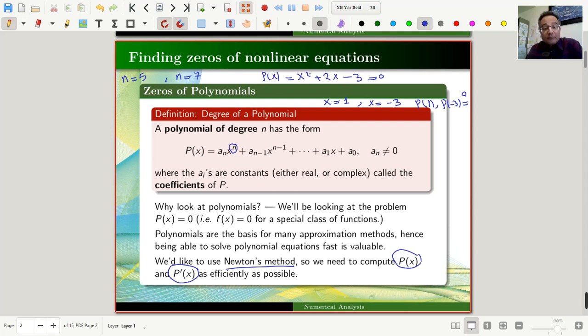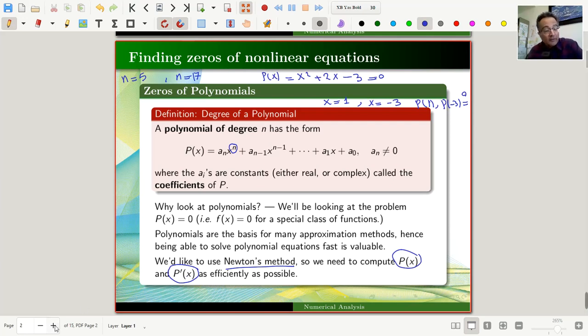And if the degree of the polynomial increases, for example, n equal to 17, then we have lots of computation, I mean the multiplications, sums and subtractions, for computing p of x and also p prime of x. And this is not easy, and it costs a lot.